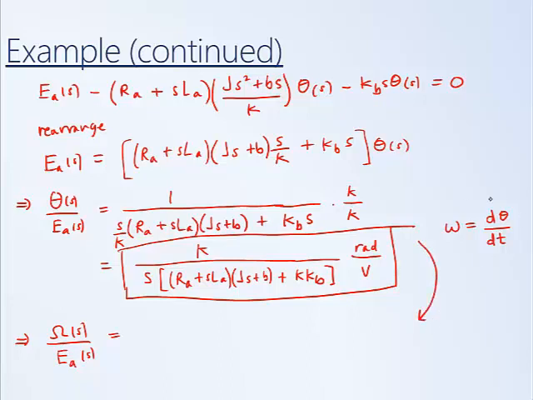So taking the Laplace transform of this, we get omega of S. Here we have a first derivative, which becomes multiplication by S. And so we can see that omega is just S times theta of S. Since we have this S in the denominator here, we can multiply through and bring it to the right-hand side or the left-hand side to get S times theta of S, which is equal to omega of S. So this transfer function will be exactly the same, except without the S in the denominator.